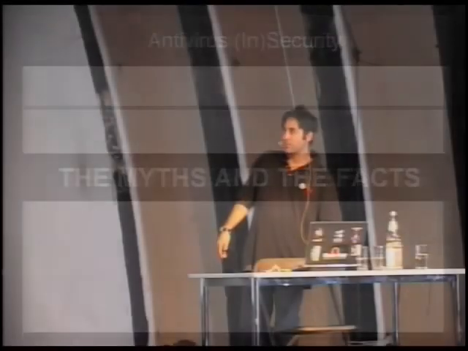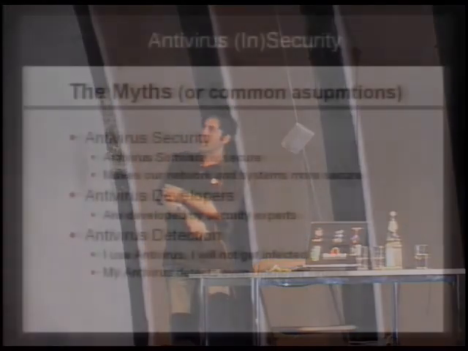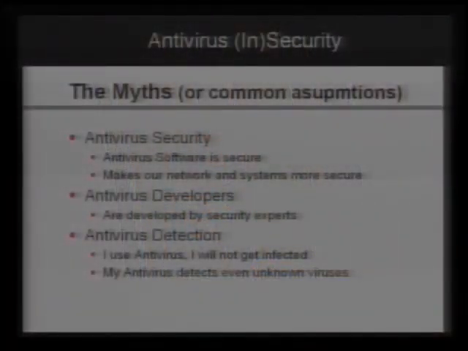So when it comes to where these antiviruses are spread, it's really huge. There are some myths around this. First of all, the first myth is that the antivirus software is secure, and we will discuss this. The second one is that it makes our network more secure.